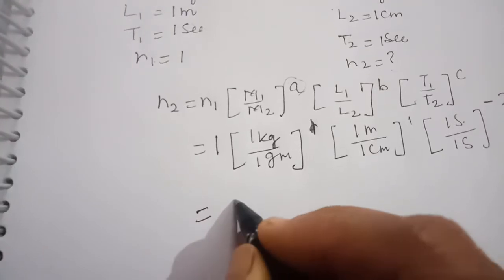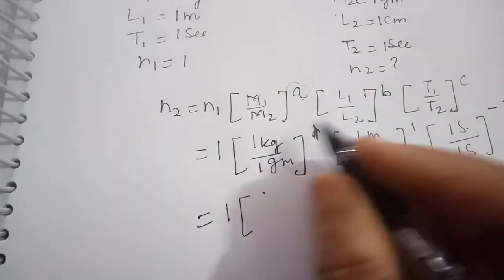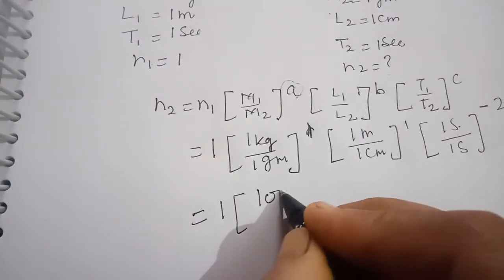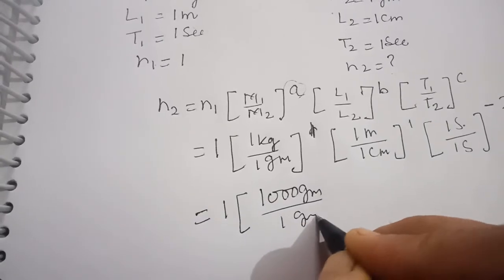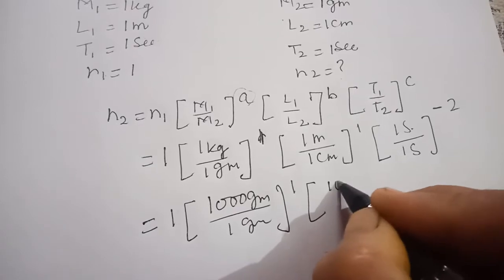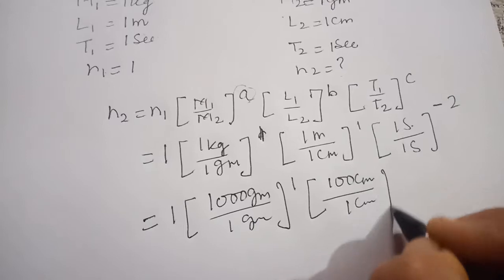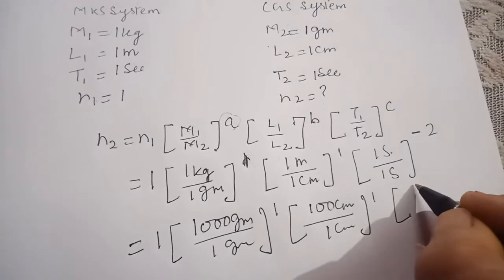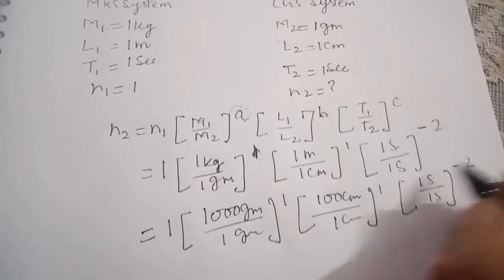Okay, now see what we will do. Number has no unit, so you write 1 kg, convert 1 kg into gram, 1000 gram divided by 1 gram to the power 1. Convert meter into centimeter, 100 centimeter upon 1 centimeter to the power 1, and this will remain same, 1 second upon 1 second to the power minus 2.